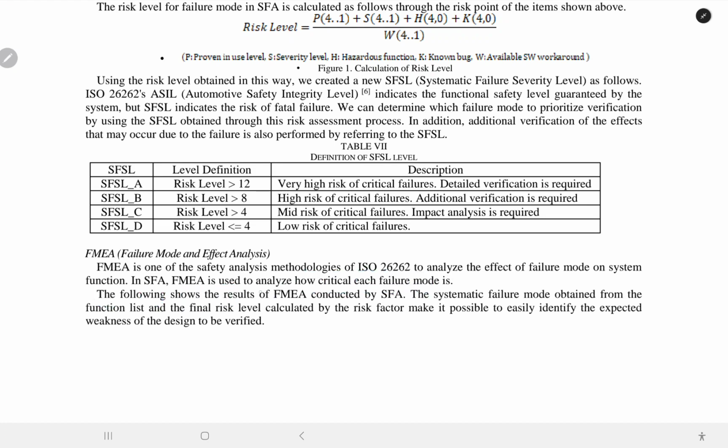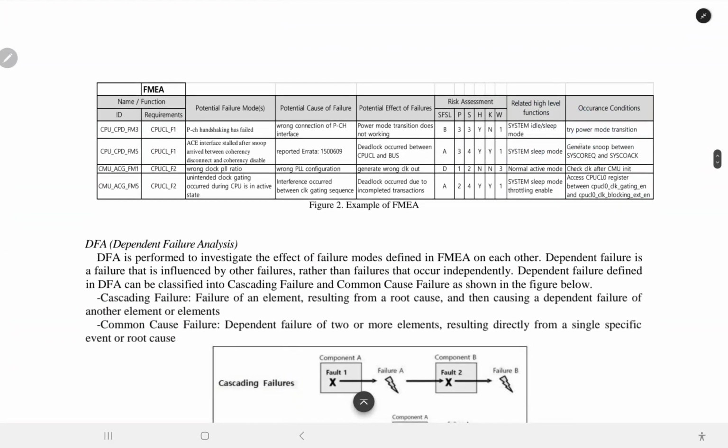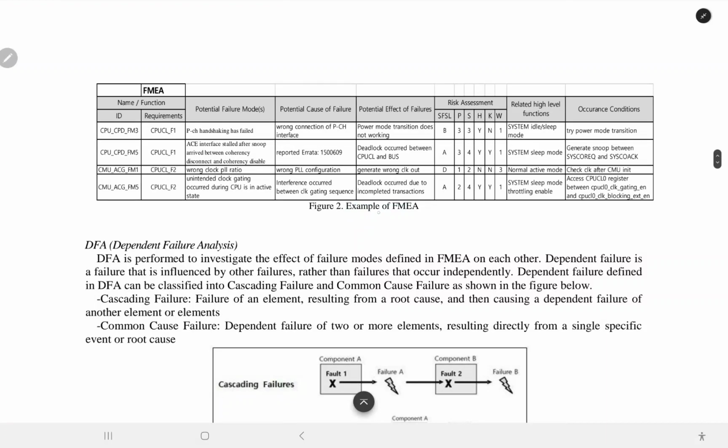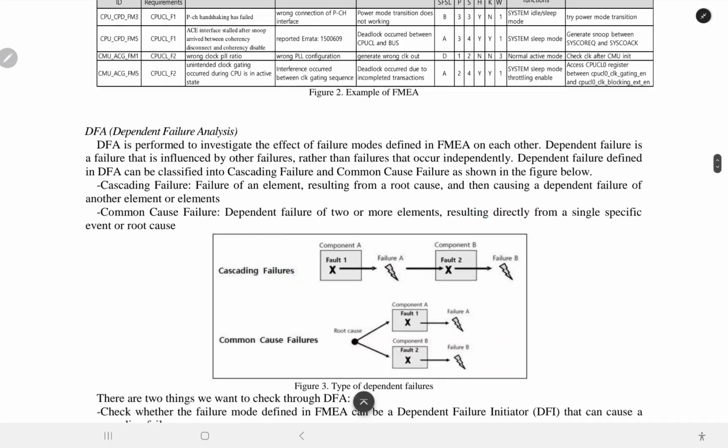The following shows the result of FMEA conducted by SFA. The systematic failure mode obtained from the function list and the final risk level calculated by the risk factor make it possible to easily identify the expected weakness of the design to be verified. Figure 2. Example of FMEA.